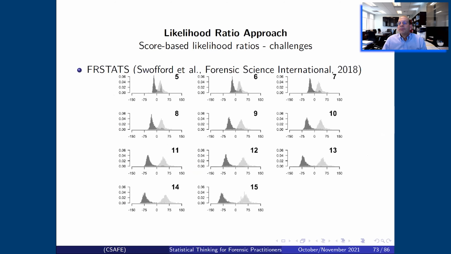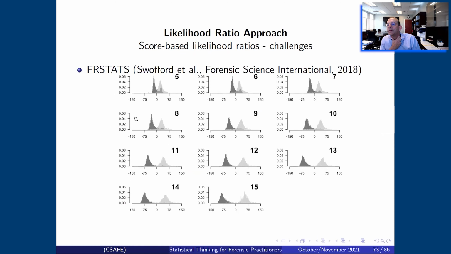Here's an example published by Henry Swofford, who has developed an approach that we can think about as score-based. Not exactly a score-based likelihood ratio, but very similar, in a program called FRStat. What I've shown here is the picture that I just showed conceptually, for his work.